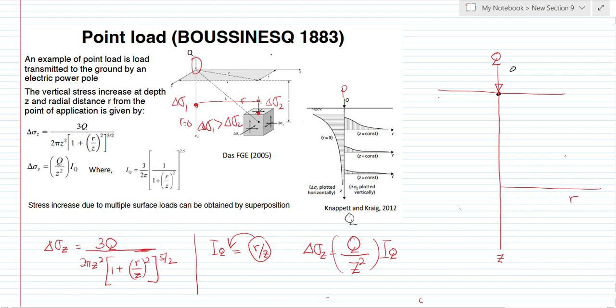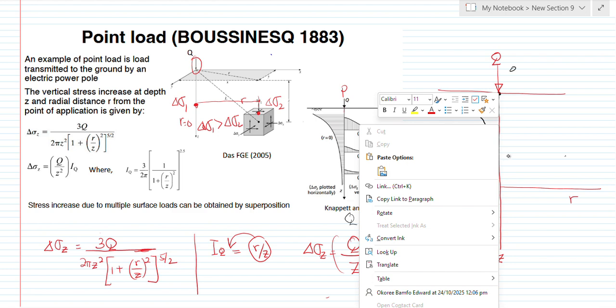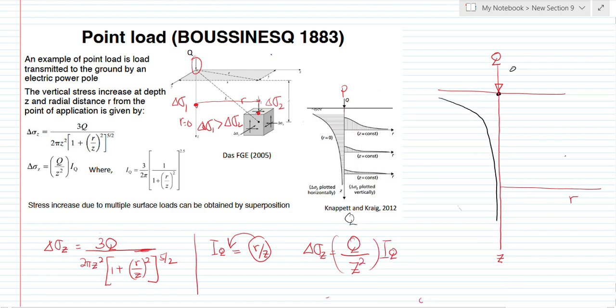The stress over there is the biggest. As we go down with it, the stress decreases. So this is in consideration of directly beneath it. Now laterally, the stress is highest when it is directly below it, but as you move away from the line of action of the stress, it decreases.